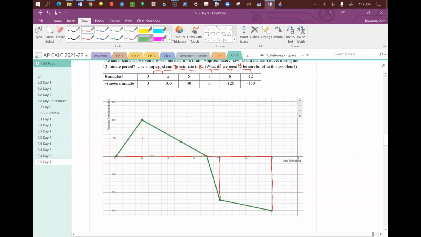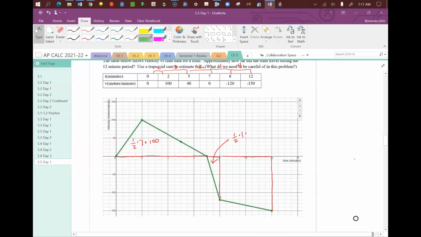So the formula for the area of a triangle, 1/2 base times height. So in this case, 1/2 times the base from 0 to 7 is a total of 7, times the height of 100. The next triangle is going to be an area of 1/2 times the base of 1 times the height.